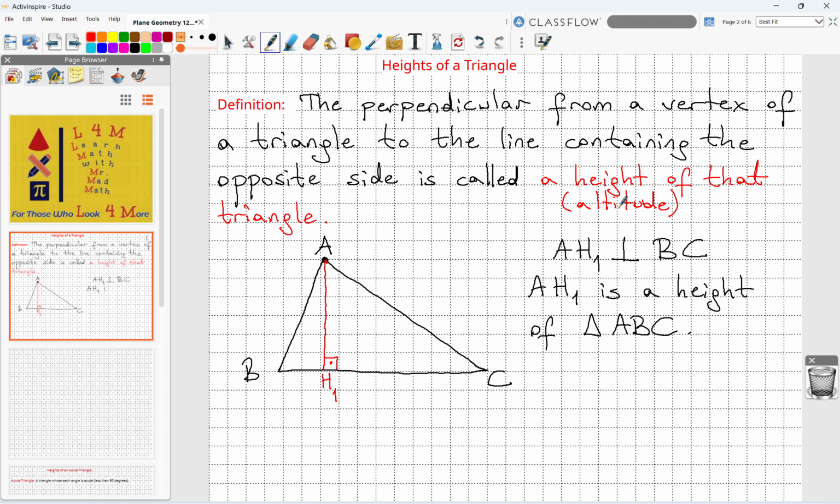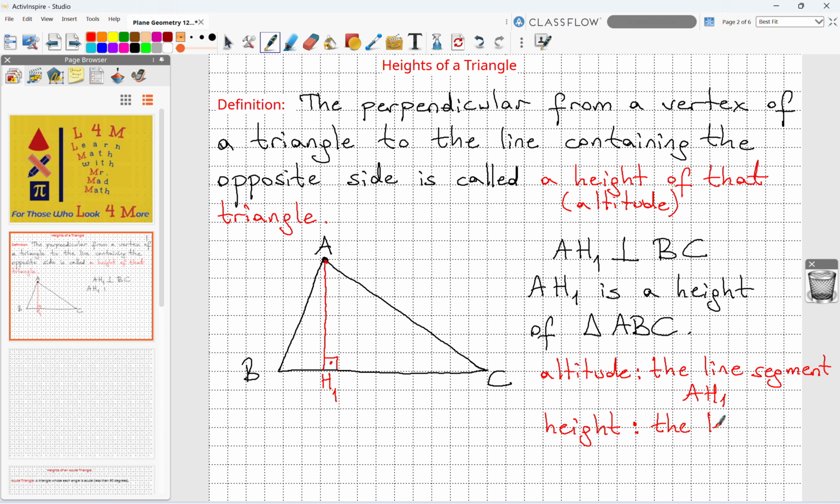The altitude is the line segment AH1, and the height is the length of this altitude, the length of AH1.